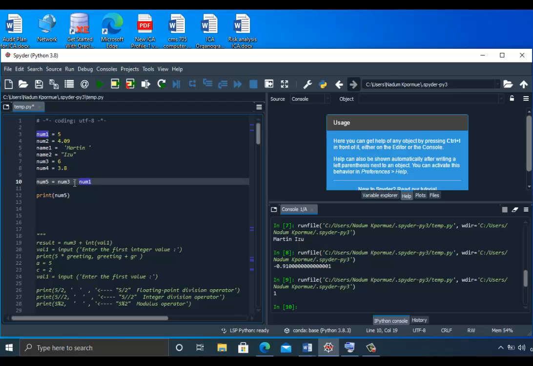These are two operands, then we have the subtraction operator in between them.